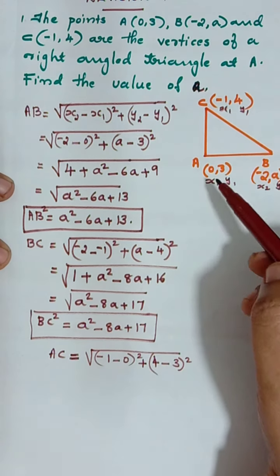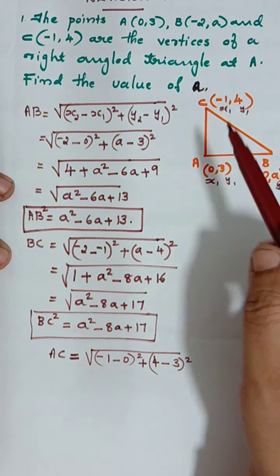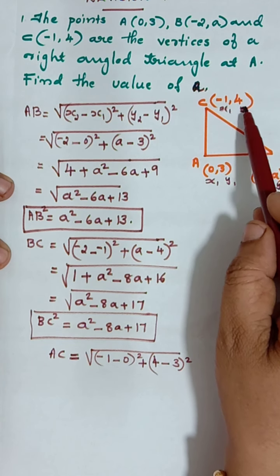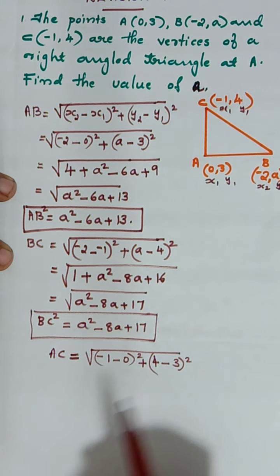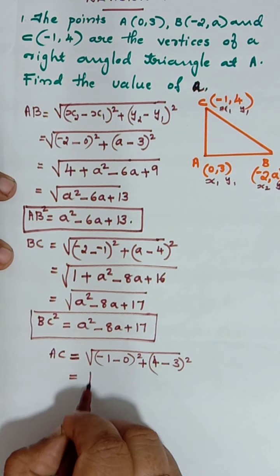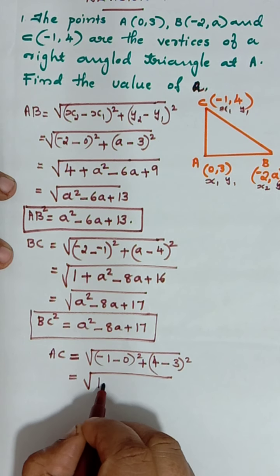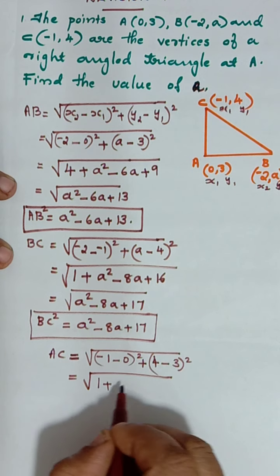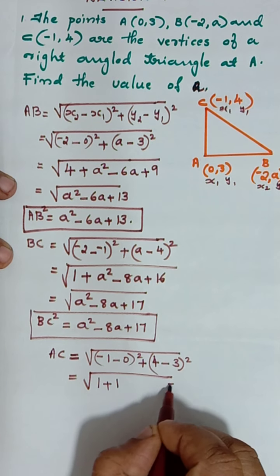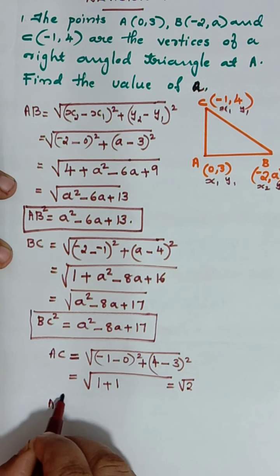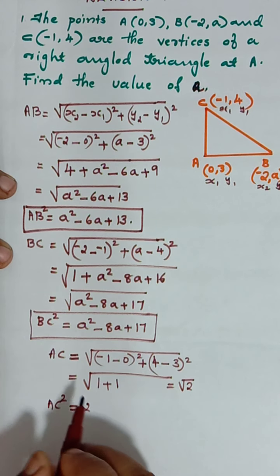It can be in any order. A can be x1, y1 or C can be x1, y1. If C is x1, y1, A will be x2, y2. That's equal to minus 1 minus 0, minus 1 whole square is 1, plus 4 minus 3 is 1, 1 square is 1. It is square root of 2. So AC square, squaring on both the sides, becomes 2.